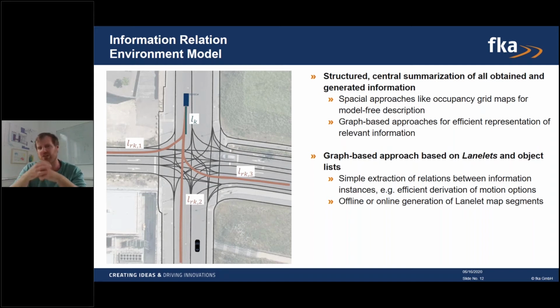And this graph can typically be derived from a high definition map, which you can then use to map all the objects on it, and you can simply derive information of the context. For example, this route has the right of way compared to the other route, so it gives you a lot of context, the environmental model.